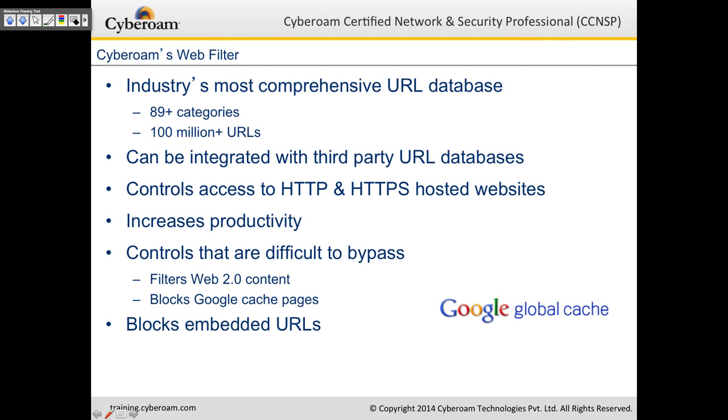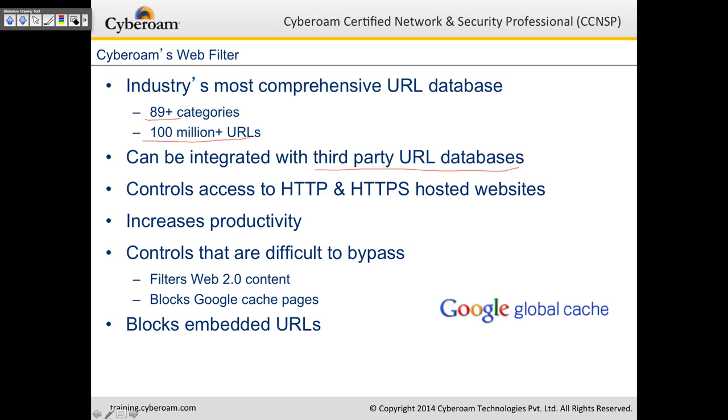Cyberoam has got the industry's most comprehensive URL database. It has got more than 89 categories of websites and more than 100 million URLs categorized in the database. It can be integrated with any third-party URL database as well, and it can control access to HTTP and HTTPS hosted websites.